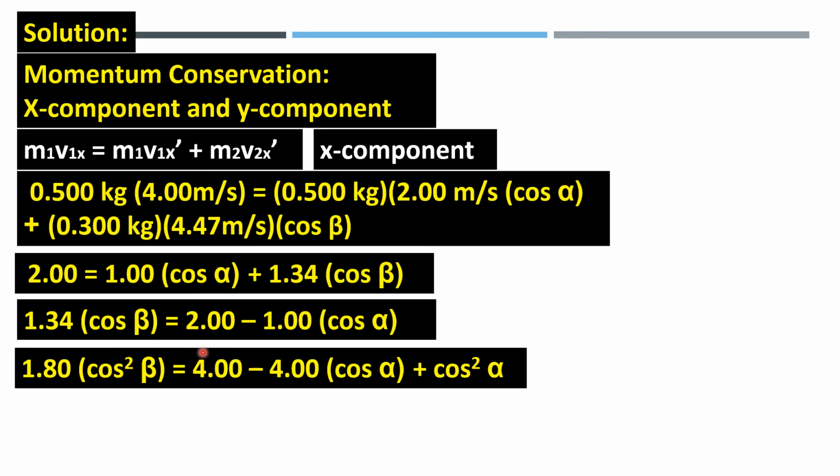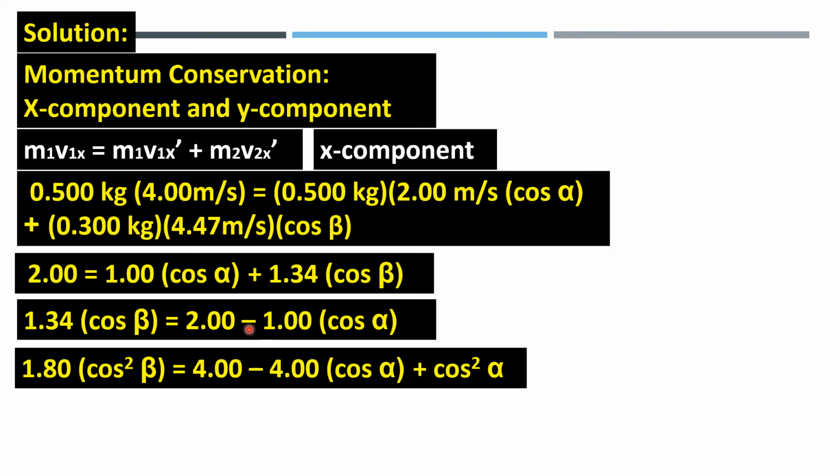We get 4, because the square of 2 is 4. And then how did we get negative 4 cosine alpha? Because when we multiply 2 by 1 cosine alpha, we get negative 2 cosine alpha, but we'll be multiplying that twice. I'm sure you know what I mean here.